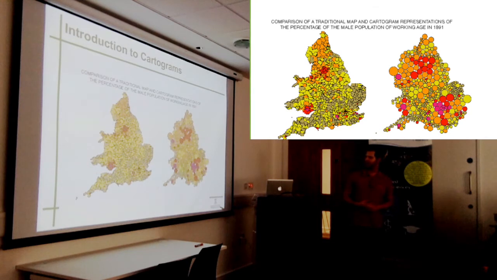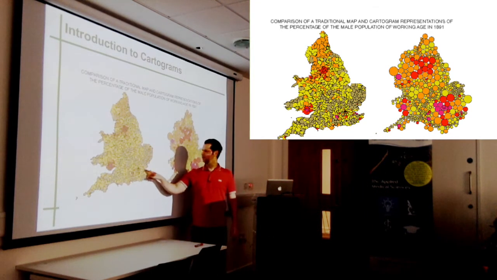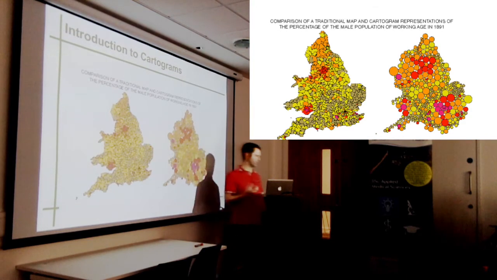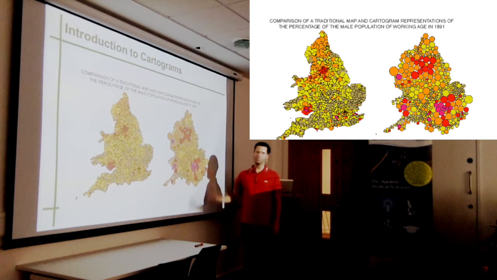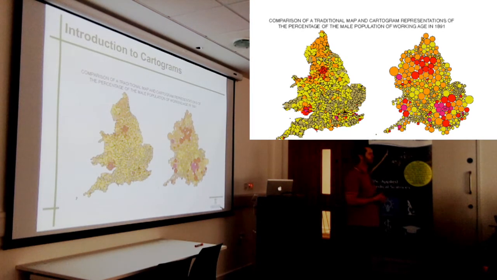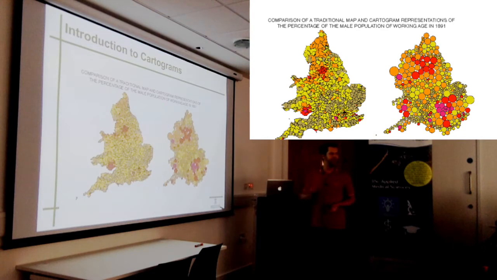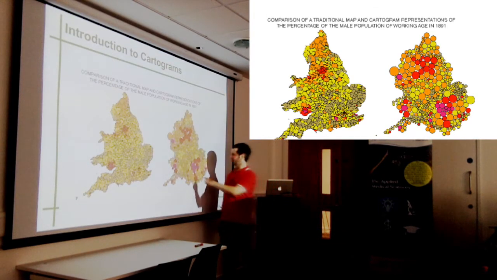So what a cartogram does is it replaces each of these geographical areas with some sort of shape, right? In this case, it's a circle. And then the radius of the circle changes depending on the variant that you're interested in seeing. A typical example is the population. How many people live inside this area? And look at what happened to London.